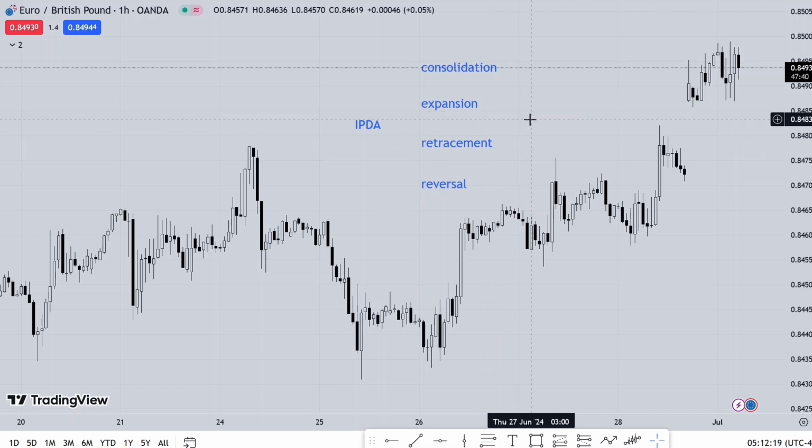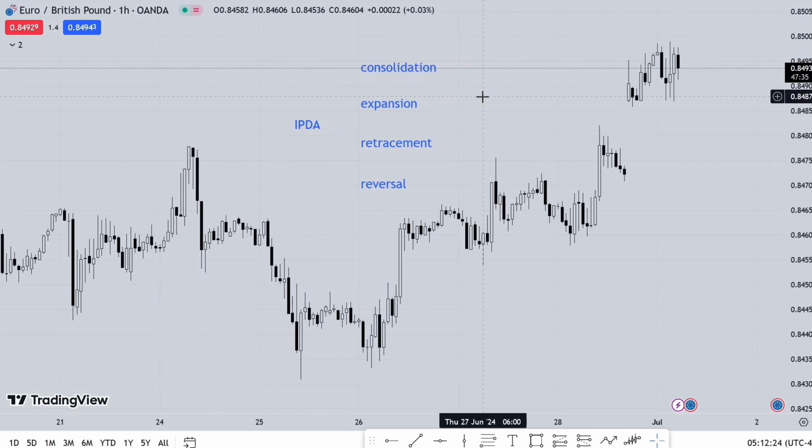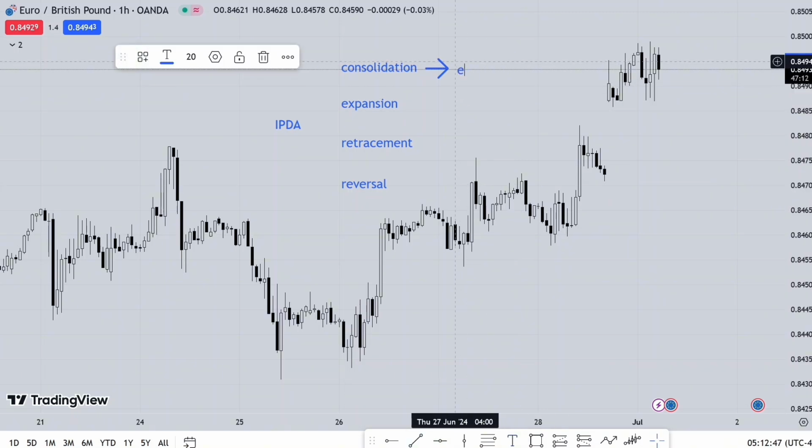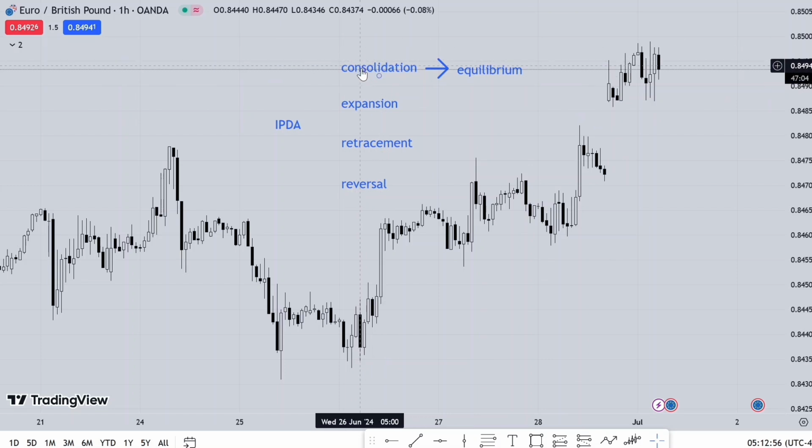So for the consolidation, the institutional order flow that is relevant for the consolidation phase is the equilibrium. Equilibrium is a PD array. We'll talk about this as we go further. For the consolidation phase, we talk about equilibrium.